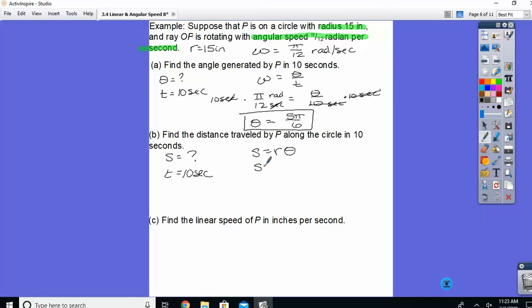Because we have the R from the original, and we have theta from part A. So if you take 15 times 5 pi over 6, 25 pi over 2.